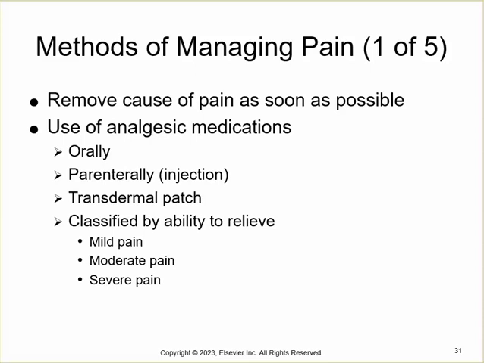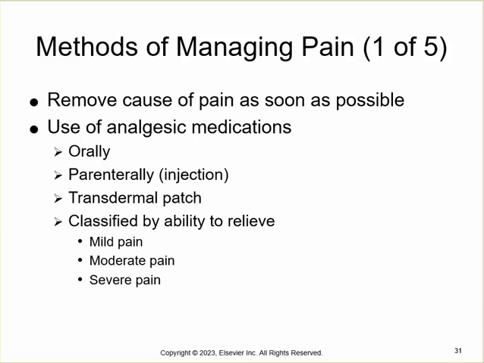Algia is pain. So analgia is removing pain. So analgesics are medications that remove pain. You can take oral analgesics, the nonsteroidal anti-inflammatories like Advil, which block the production of prostaglandins.